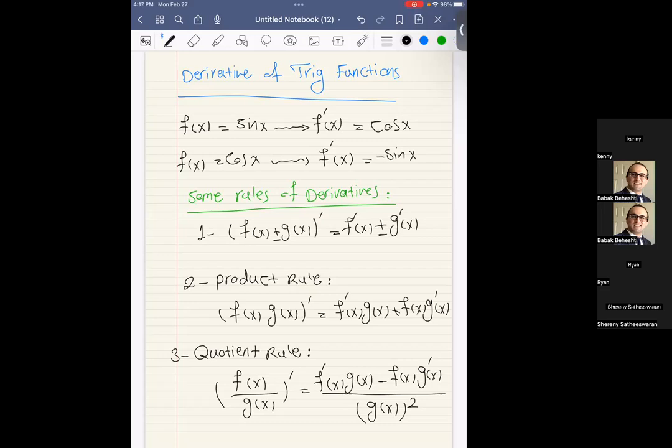Something else I want to tell you, this symbol you see, prime. There are other symbols that are common that people use in textbooks, in math literature.